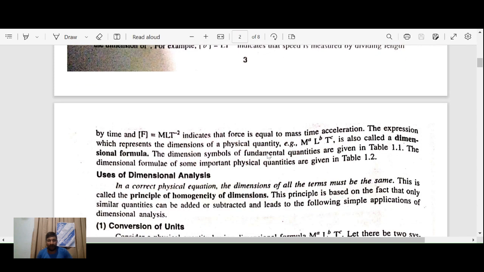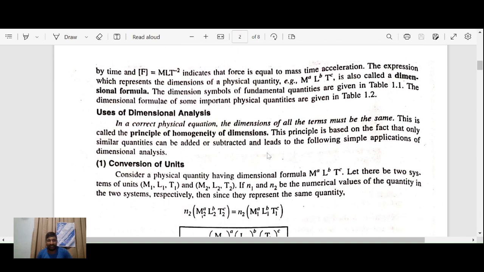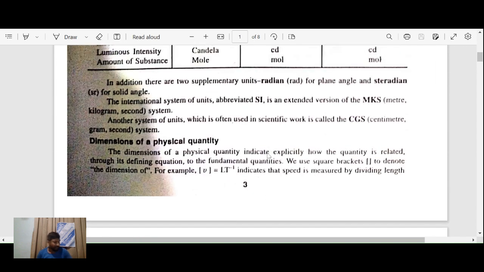So this very important concept in dimensional analysis is going to be discussed by ourselves, right? Here I will give you some modern explanation about the dimension.